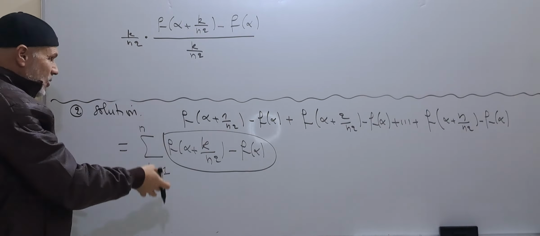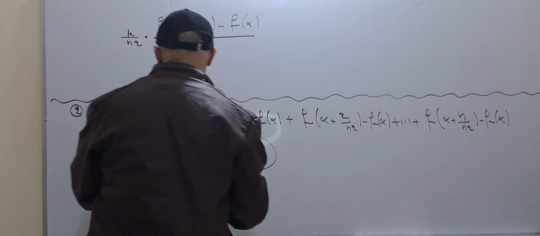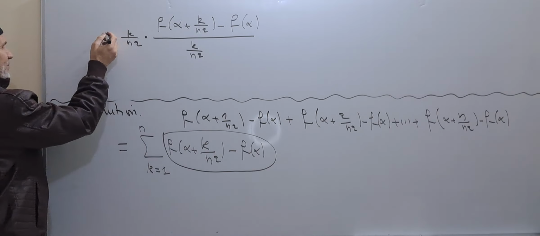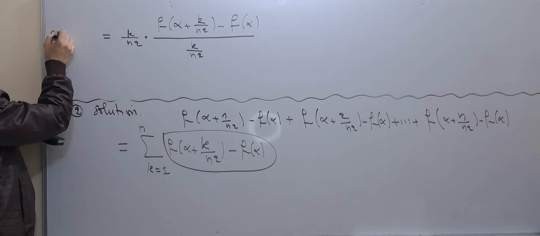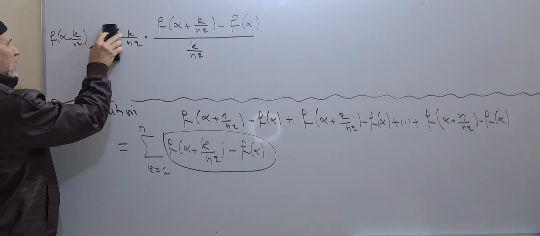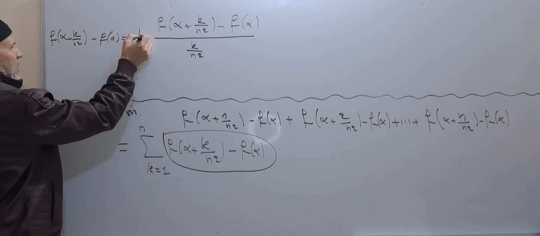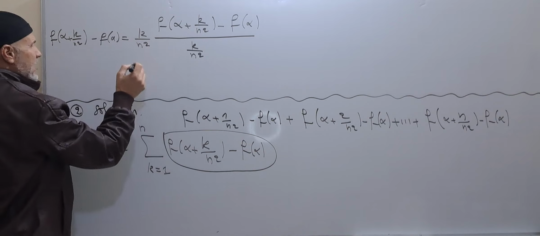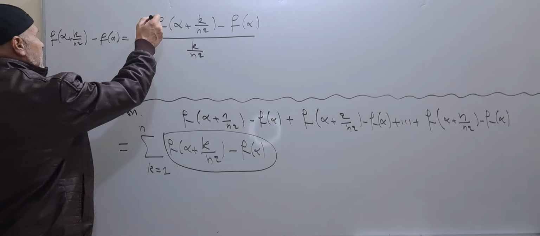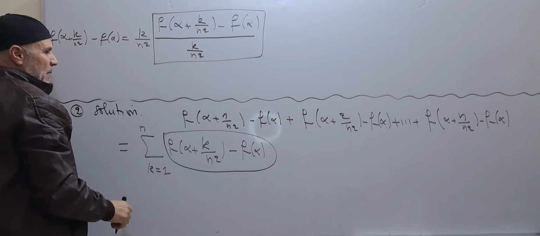So this is the same result. I mean, f of alpha plus k over n squared minus f of alpha is equal to the same thing times k over n squared. Exactly the same thing. Let us focus on this expression.